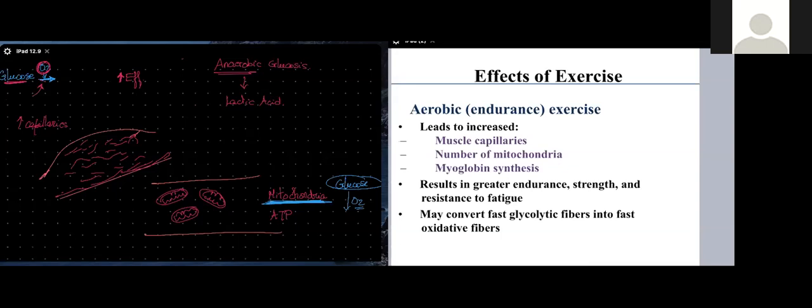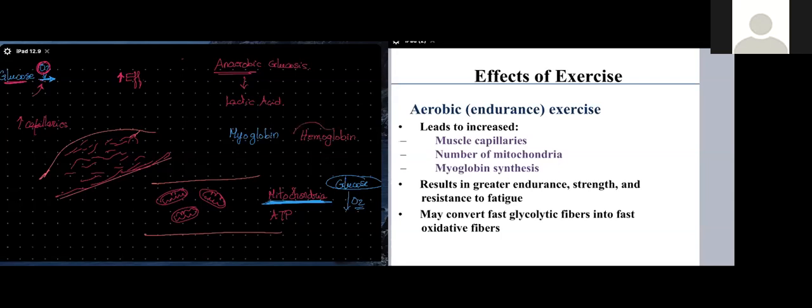You're going to also be building up myoglobin. If you remember, what is the myoglobin in the muscles? This is similar to the hemoglobin. It has a very similar structure, with many differences actually. What was the hemoglobin?